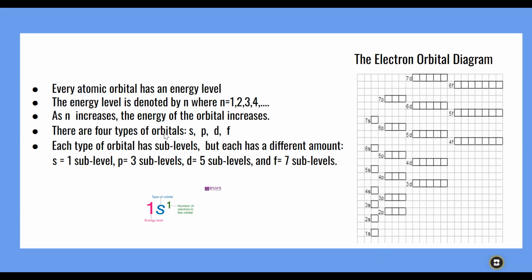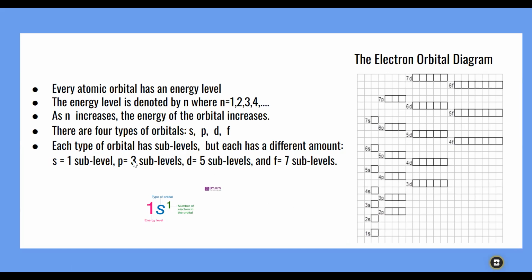So there are 4 types of orbitals. Like in this Strange Hotel, you have 4 types of rooms. There's S, P, D, F type of orbital. Each type of orbital has sub-levels. Remember when I said there's 1 bed, there are 3 beds, there are 5 beds. S has 1 sub-level, just 1.